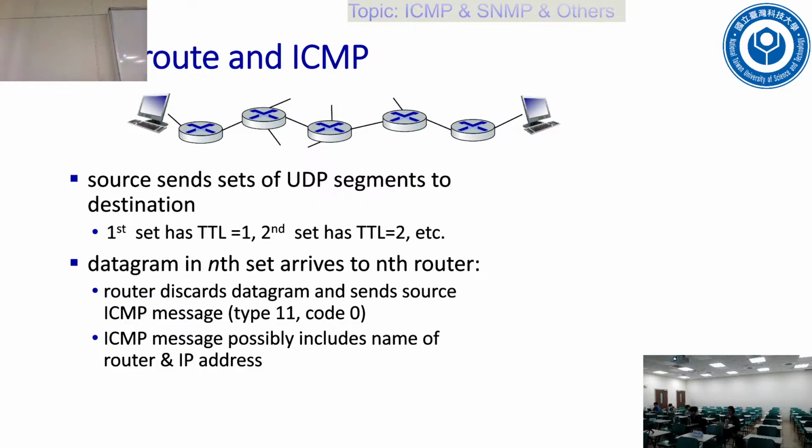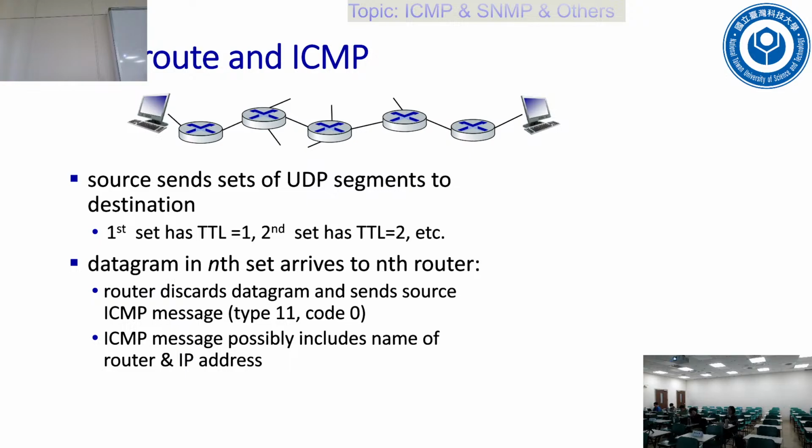The datagram in the nth set arrives at the nth router because of its TTL. Here we use the ICMP messaging: the router sends the source an ICMP message type 11 and code 0 because the TTL expired. It reached the router, but expired.